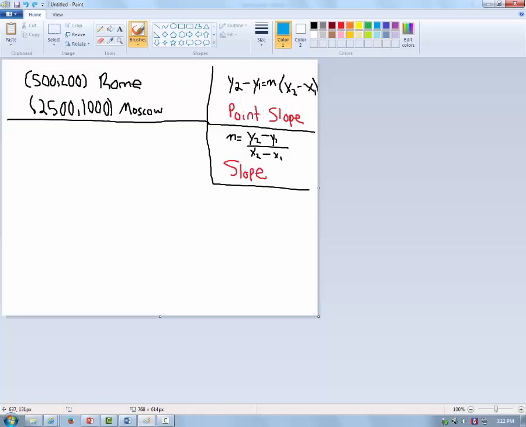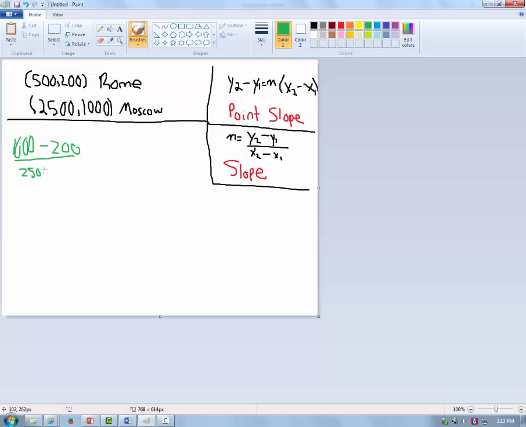And now we're going to use a formula called the point-slope formula in order to find the y-intercept of the equation. So first, let's find the slope of the equation. Like you did before, here you do y2 minus y1, so it would be 1000 minus 200, and then 2500 minus 500.